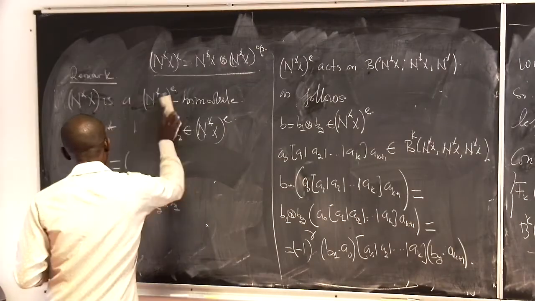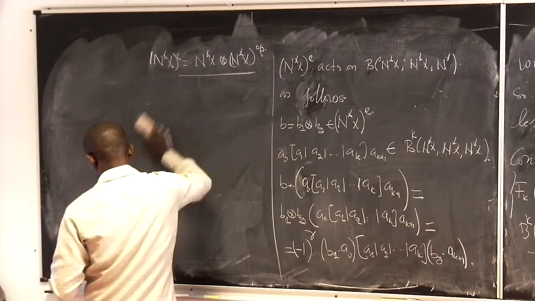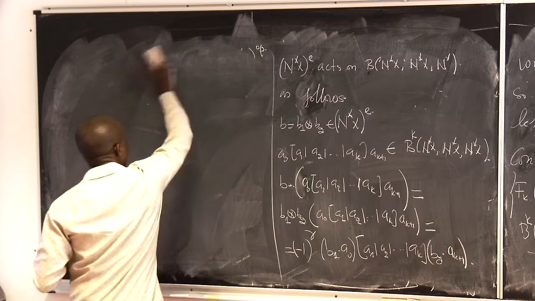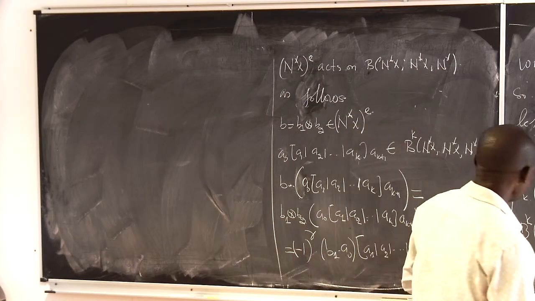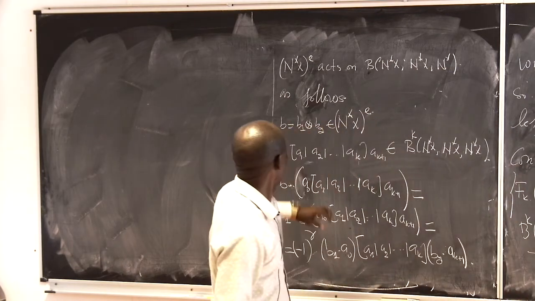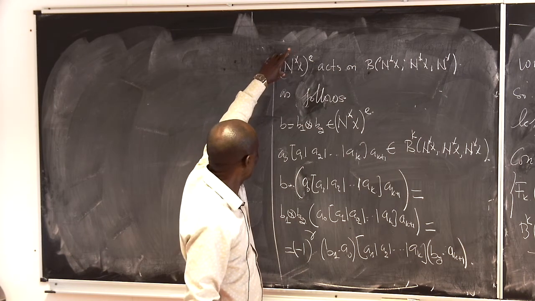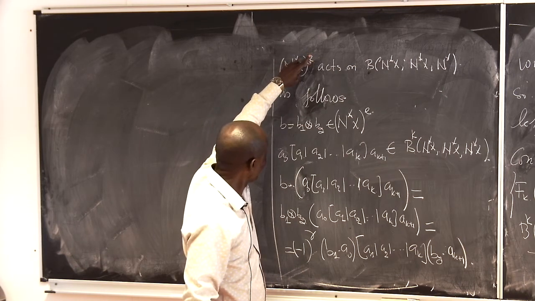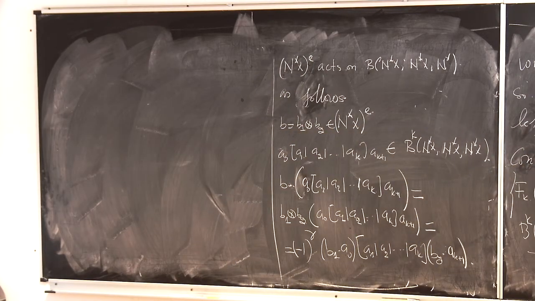Okay, so we know that our Nx, the normalized angular quotient, is a Nxe module, bimodule. We also know that this is a semi-free resolution of our Nx.